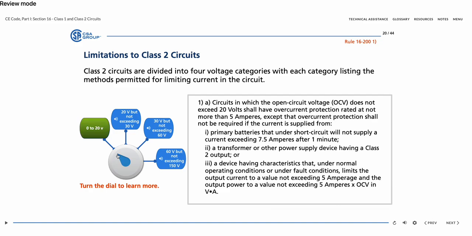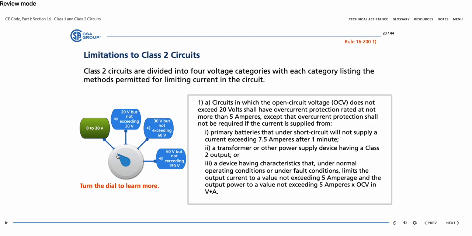A. Circuits in which the open circuit voltage, OCV, does not exceed 20 volts shall have overcurrent protection rated at not more than 5 amperes, except that overcurrent protection shall not be required if the current is supplied from 1. Primary batteries that under short circuit will not supply a current exceeding 7.5 amperes after 1 minute. 2.